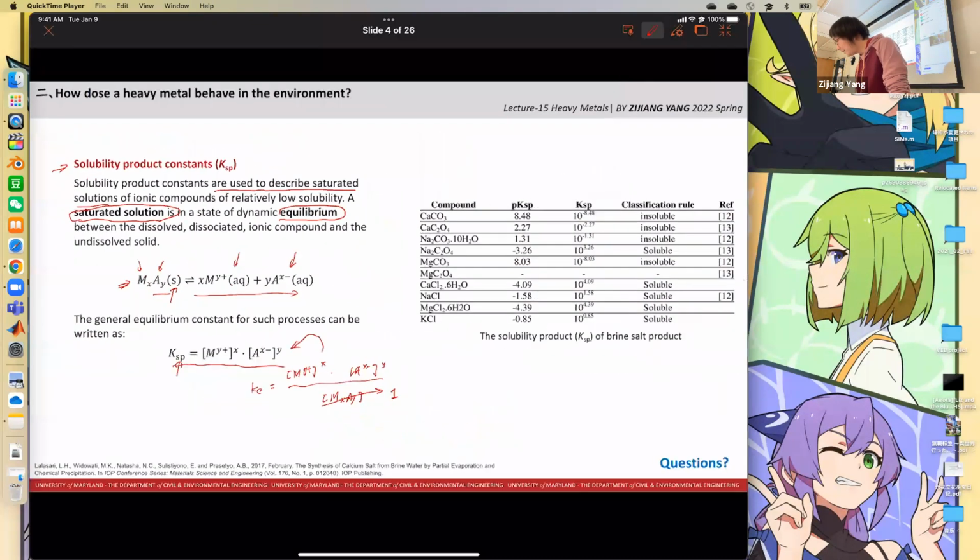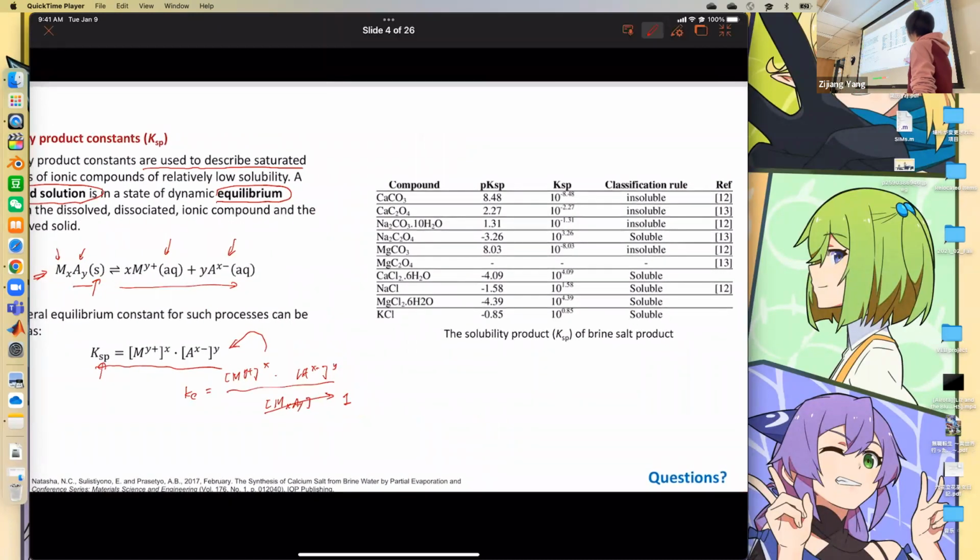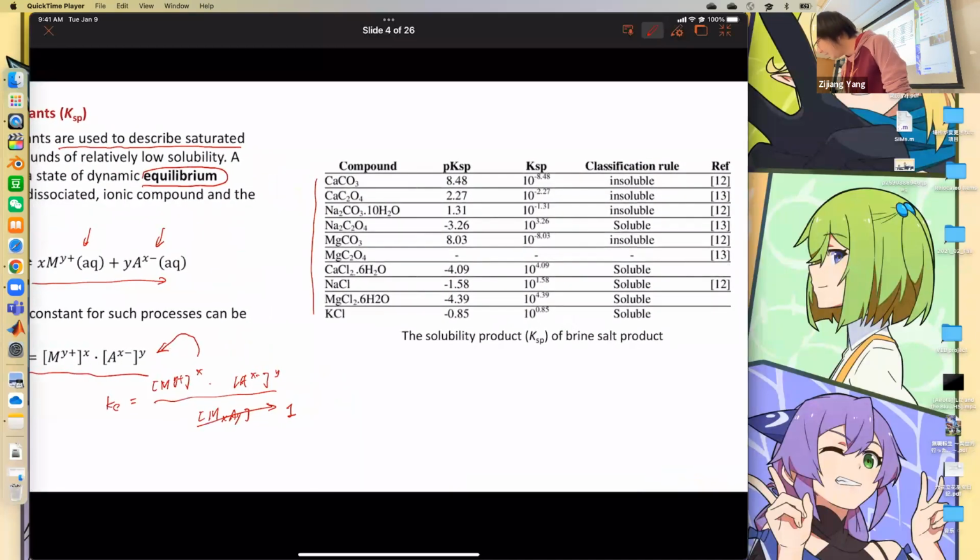And on the right side, it shows some of the solubility products of different common compounds. This is calcium carbonate, and we can see its KSP is this value. And this is magnesium carbonate, and the KSP is this value.